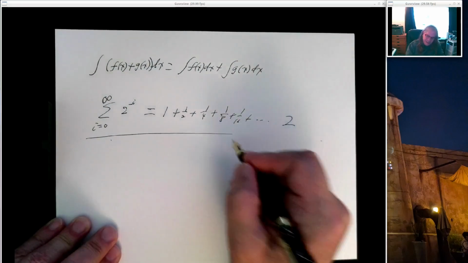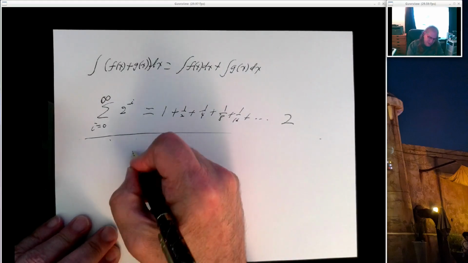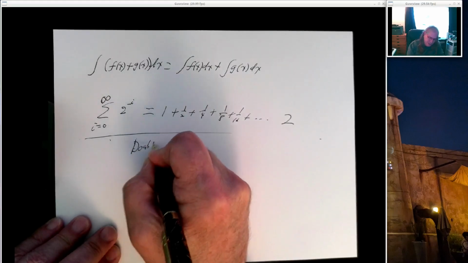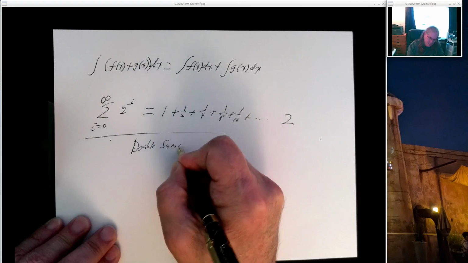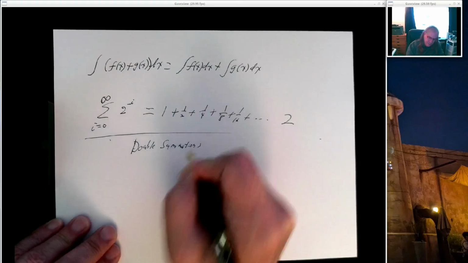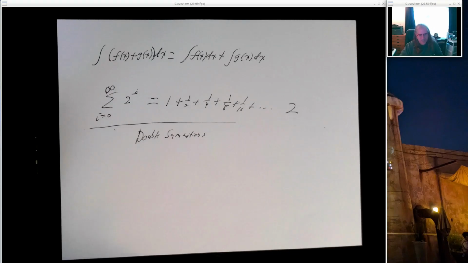All right, last piece on summations is we can do double summations. And so you may see cases where we've got a summation that includes a summation as one of the things we're adding.